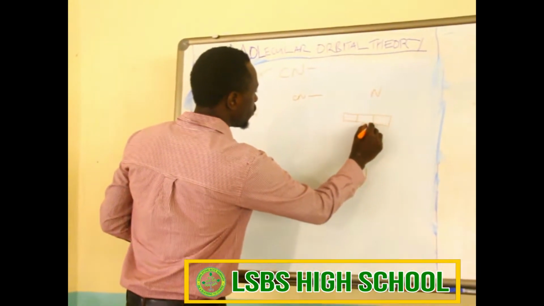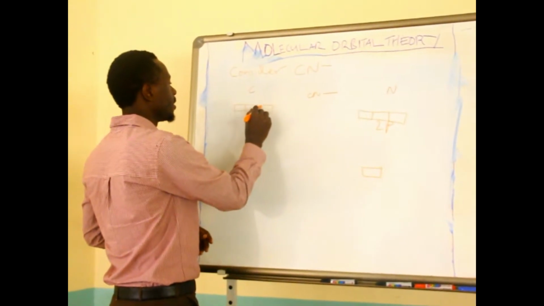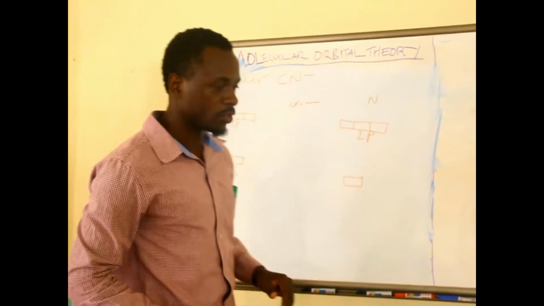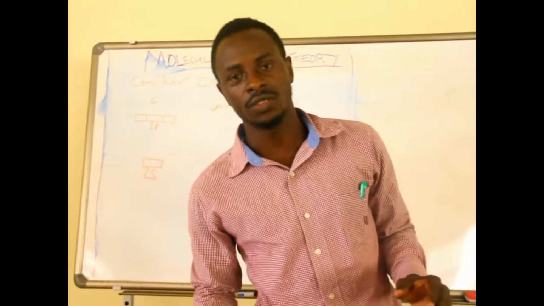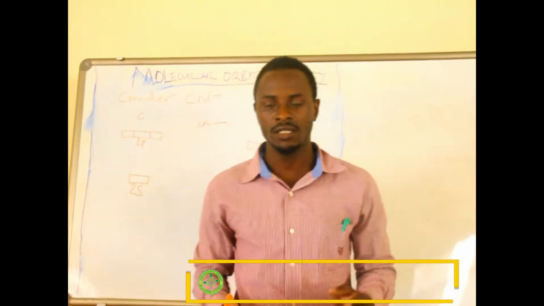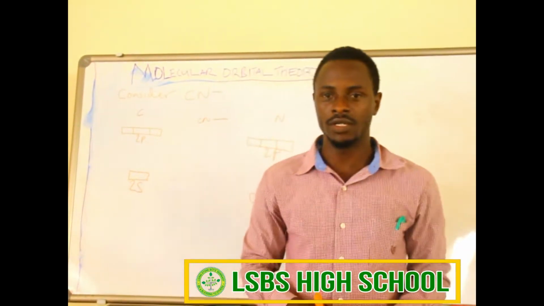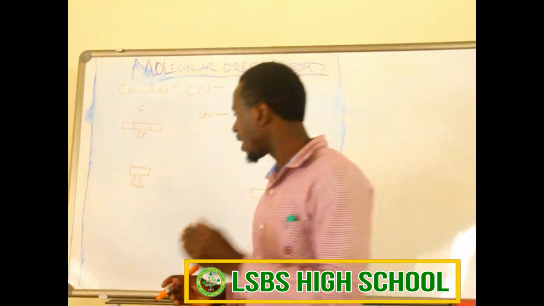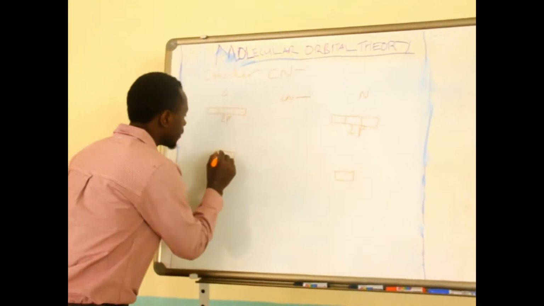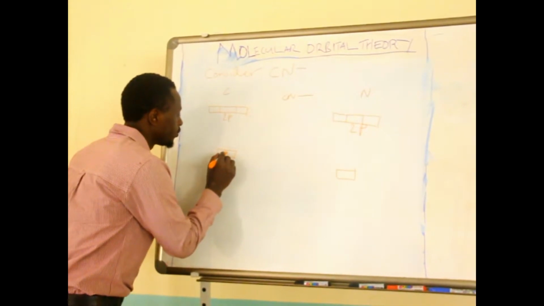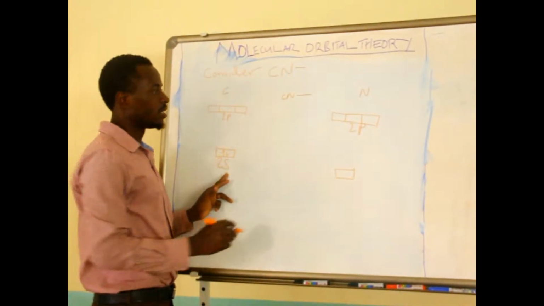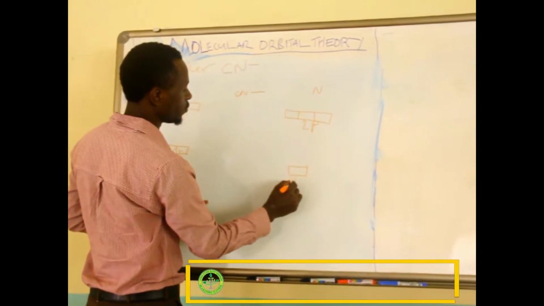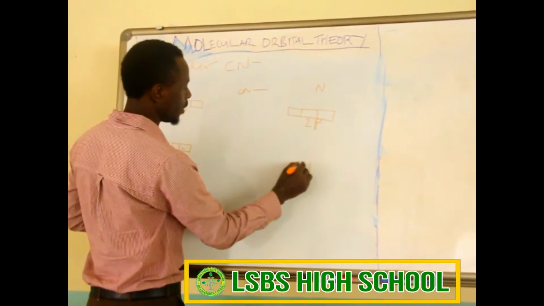P has three orbitals, and in s there is one orbital. The p orbitals are oriented in three directions: px, py, and pz. In carbon, there is 2s2 which possesses two electrons, and in nitrogen there is 2s2 which possesses two electrons.